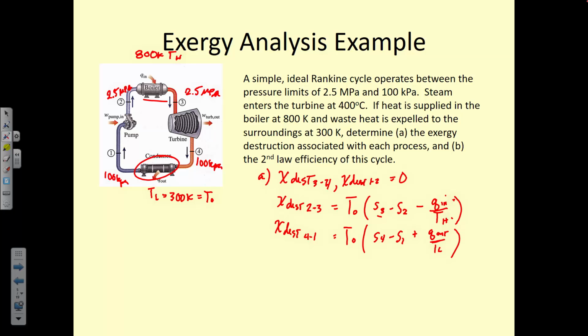Okay, so now in this problem we need to find the entropy at each state. So when we do that, we go look first at state 1. We're at 100 kilopascals. What else do we know about that state? Wasn't that one S1 minus S4 in the other slide?